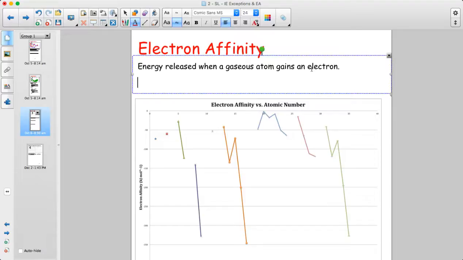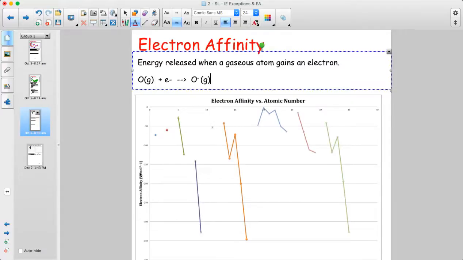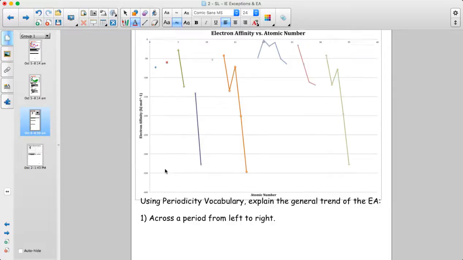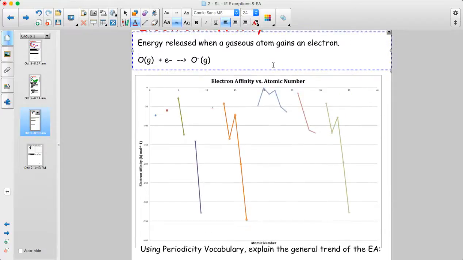To show this value for oxygen, we would show O as a gas plus an electron makes O as a gas with a 1 minus charge. Even though O forms a 2 minus ion, if you're showing the electron affinity, you are just showing 1 electron being gained. These values are written as energy per mole. The bigger the electron affinity, the more energy released.